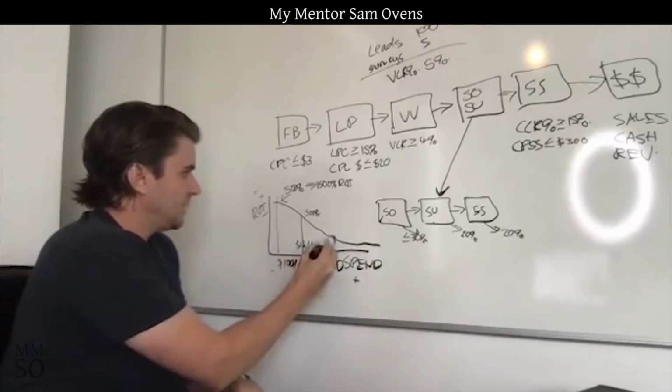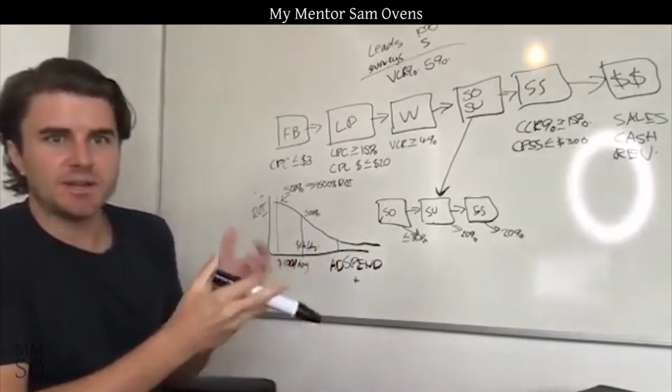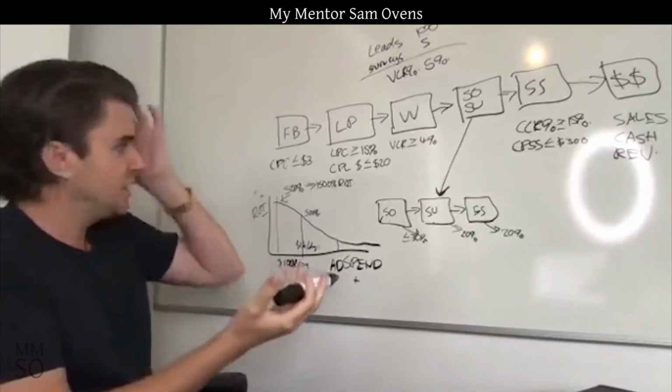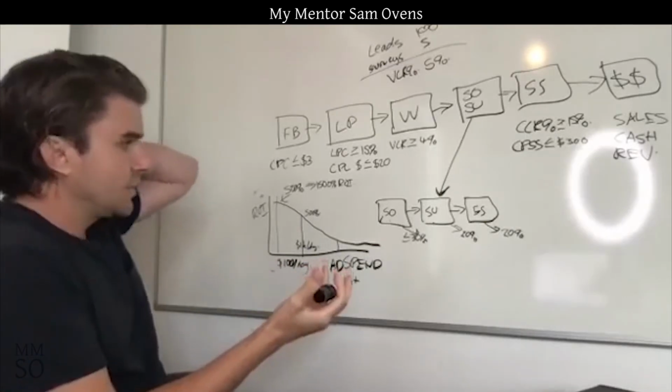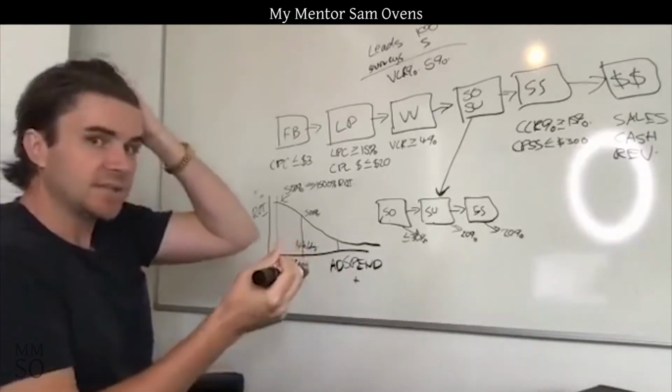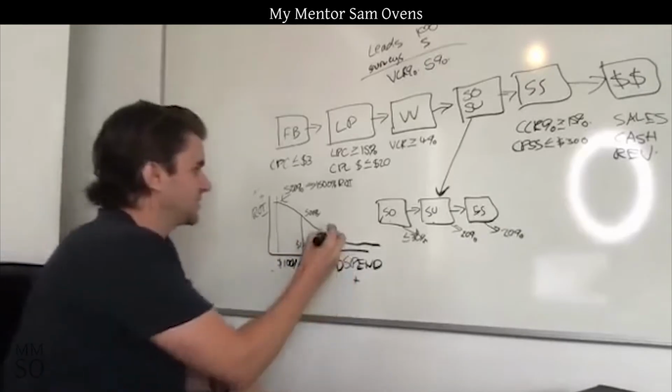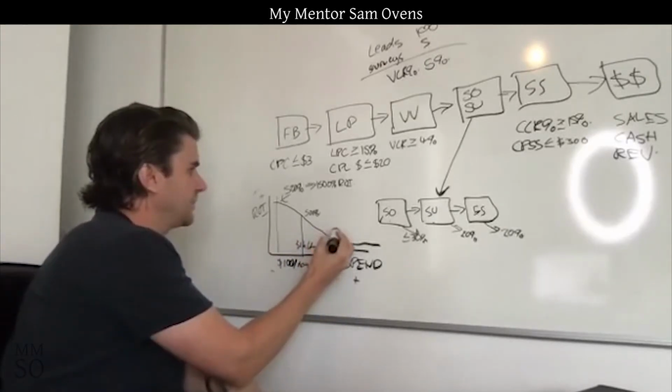And then once you get up to like $20,000 a day, $30,000 a day, $50,000 a day, you're doing amazing if you can get like 200%.